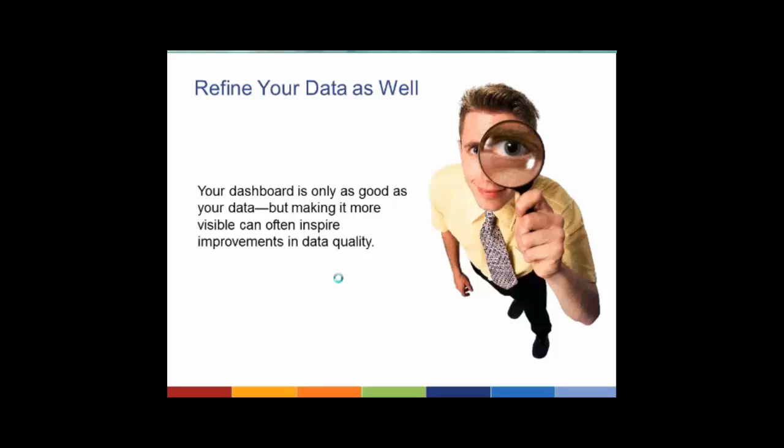So for instance, if not 100% of people are entering all data, and then you are reporting on the number of cases that each attorney has closed, then somebody who isn't closing any of their cases will suddenly look like they're not doing any work. So that might improve the quality of the data.